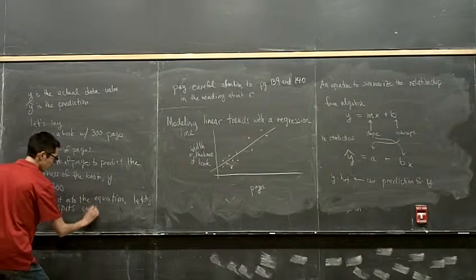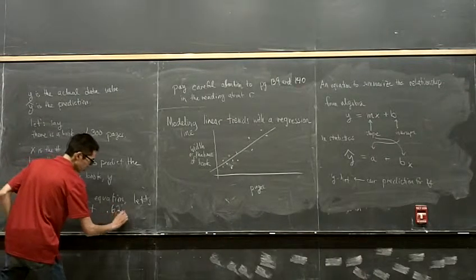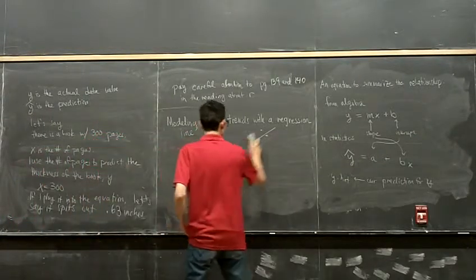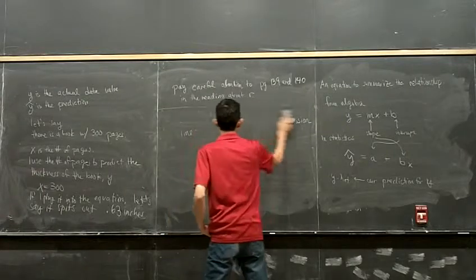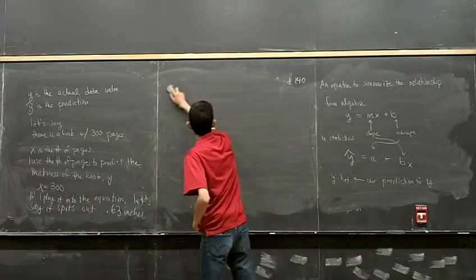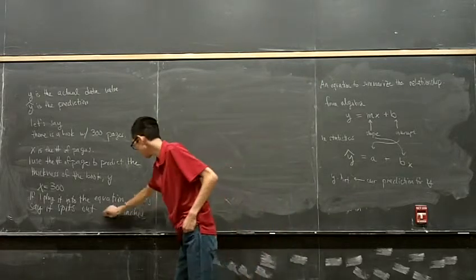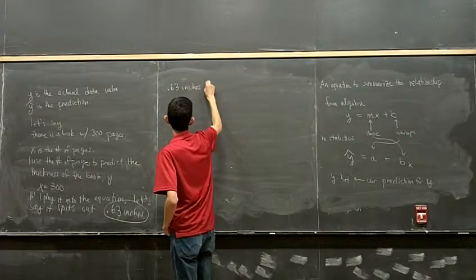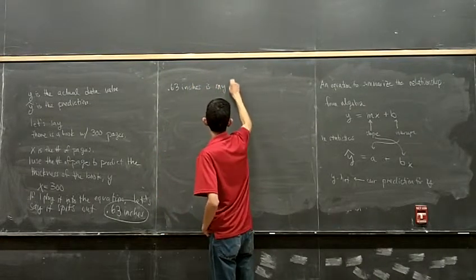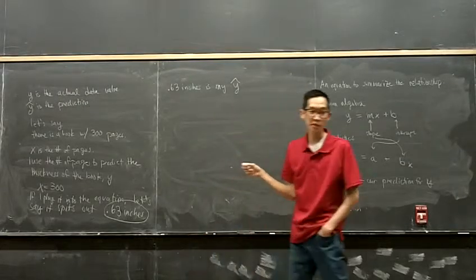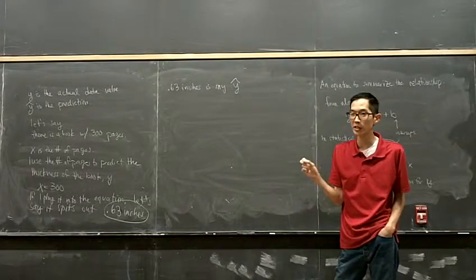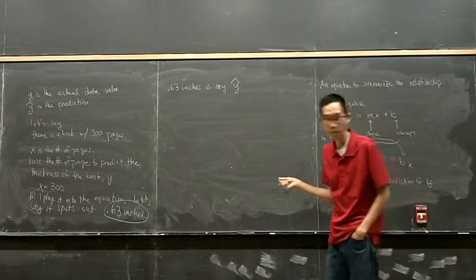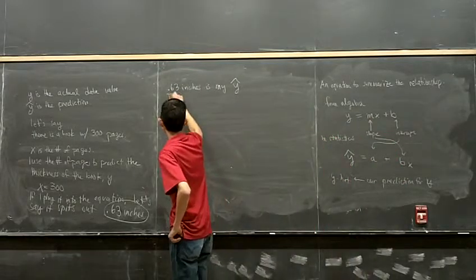So 0.63 inches is my y hat. This says, knowing that the book is 300 pages long, I predict that the book is 0.63 inches thick. This is my prediction.